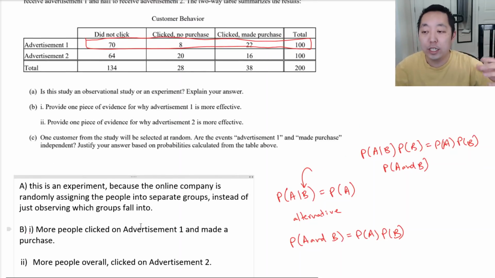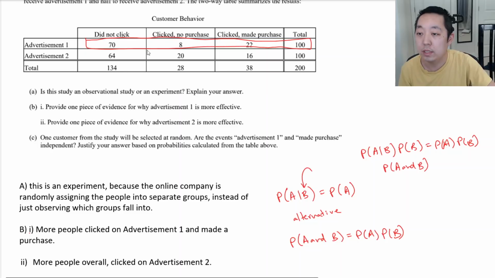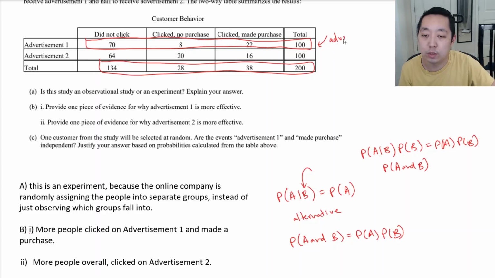Because I'm not conditioning, I have to look at the entire set of data, which means I need to look at the total when I'm computing this probability. This one here is assuming advertisement 1 is true, or given. And this one is for no condition on advertisement.